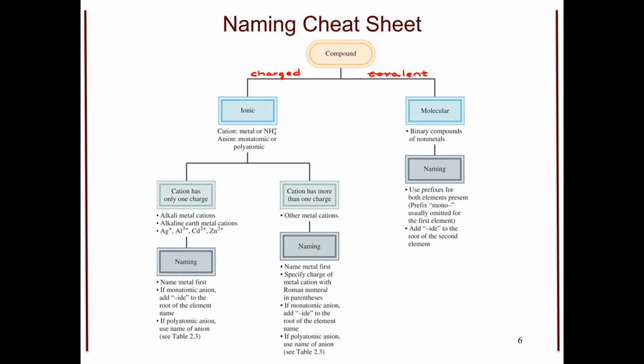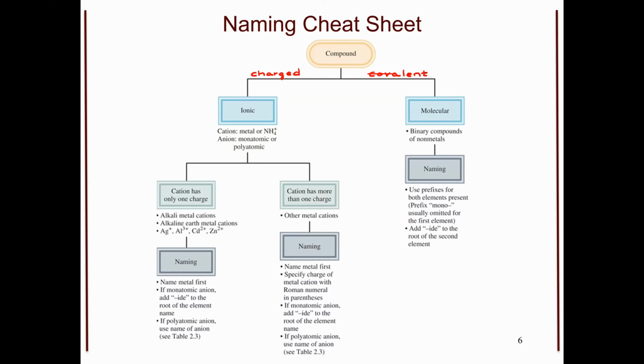Once we get to our ionic compounds, remember that we had really two different naming sets. One in which we used the IDE ending for our second element, but it was without the Roman numeral. So if we go down the left path, you'll see that the cation has only one charge.